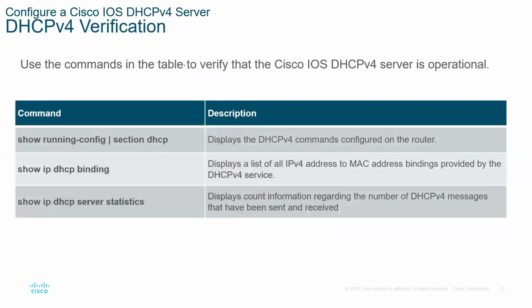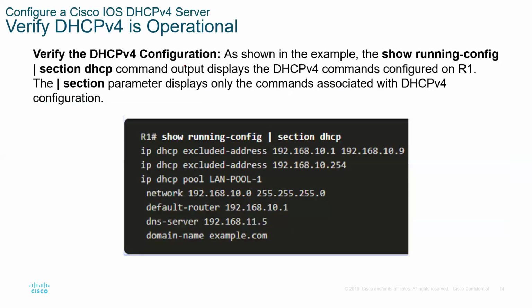All right, verification commands: show running, section DHCP, show IP DHCP binding, show IP DHCP server statistics. So the running config, right, this is the running config. The running config basically shows us, as you can see, this is what we just configured.